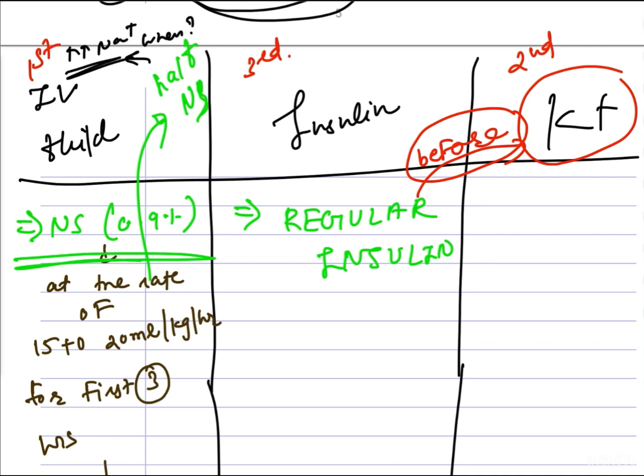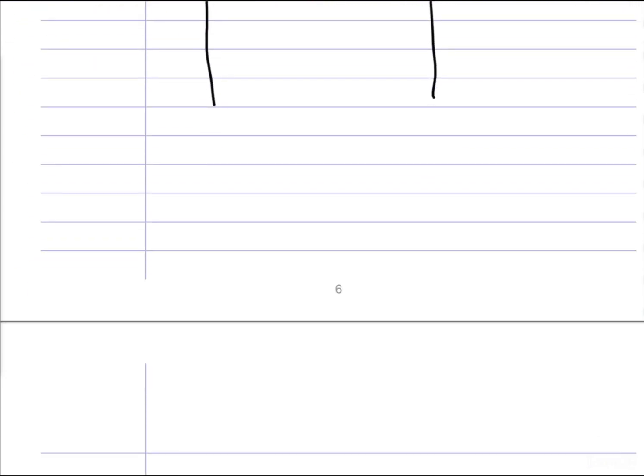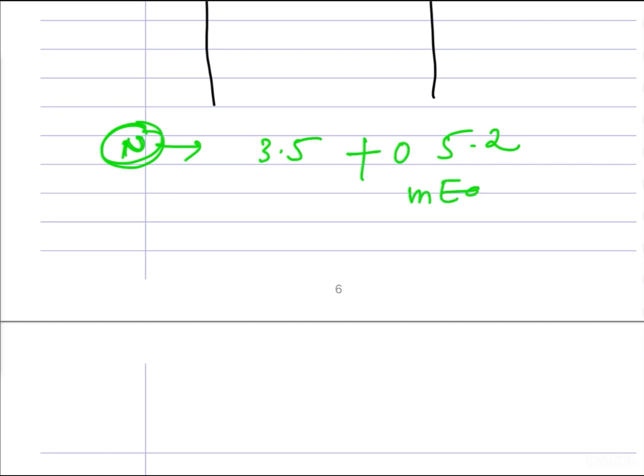So first of all, we will check the potassium level. Before going ahead, I will give you the normal range of potassium: 3.5 to 5.2 milliequivalent per liter. So we will check the potassium level. This is our second step in the treatment.